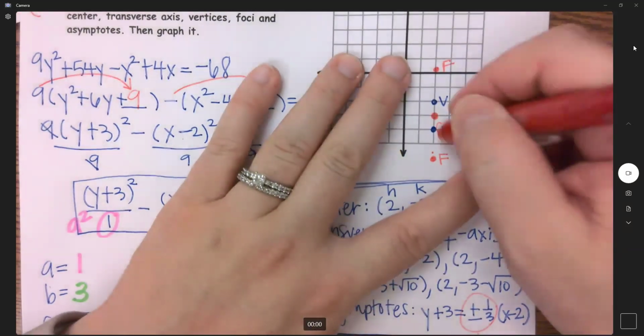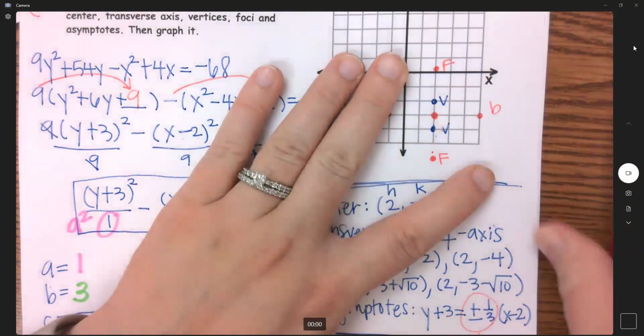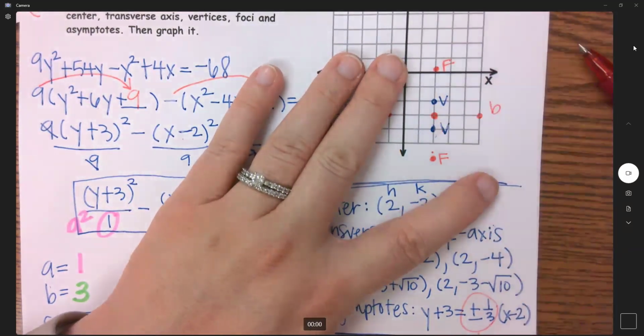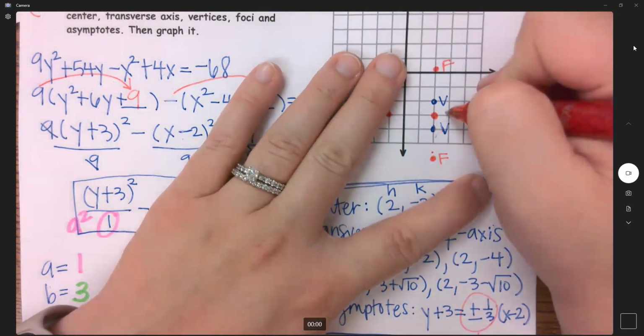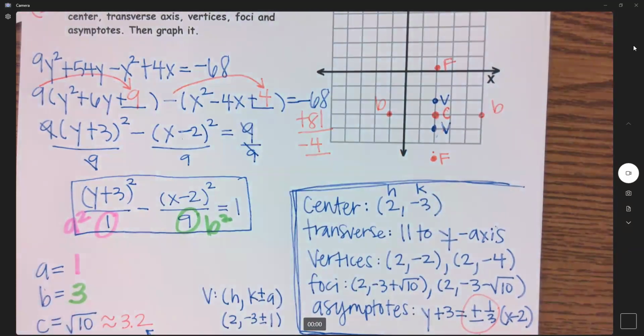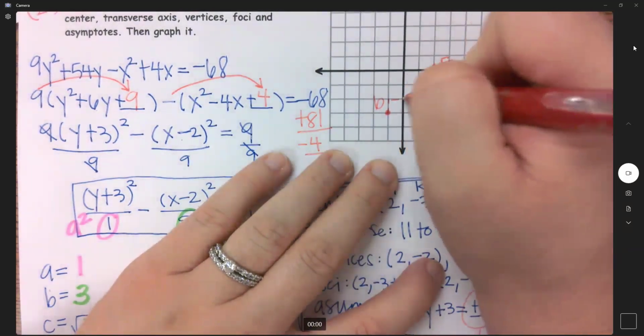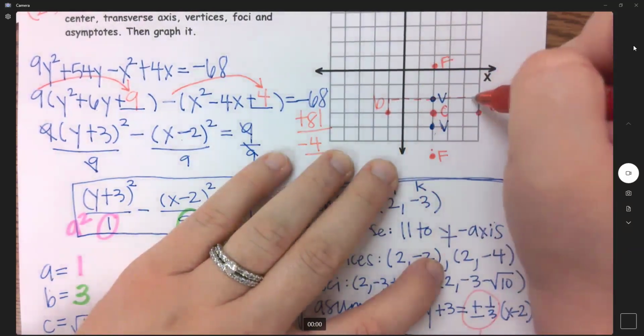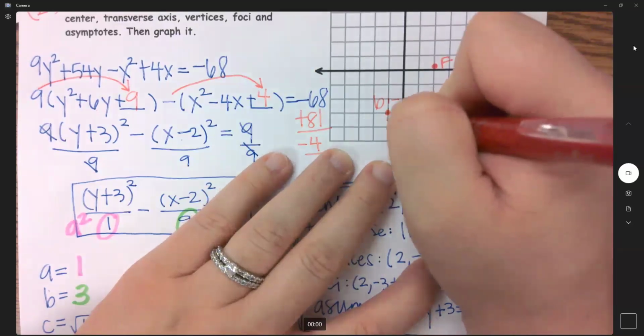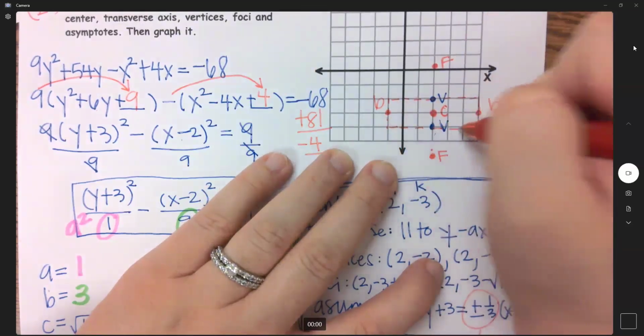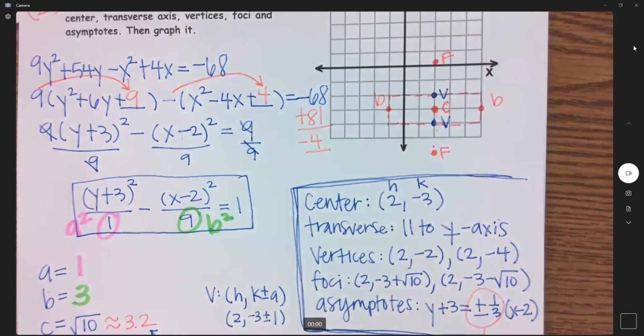Let me kind of erase the C. Okay. So let's make a box between the V and the B. It's a very long rectangular box. And draw in our asymptotes.